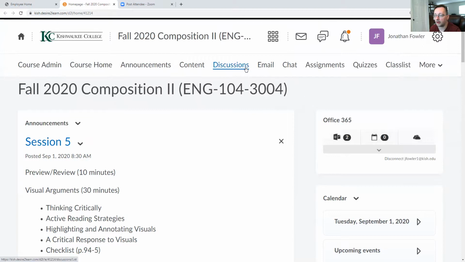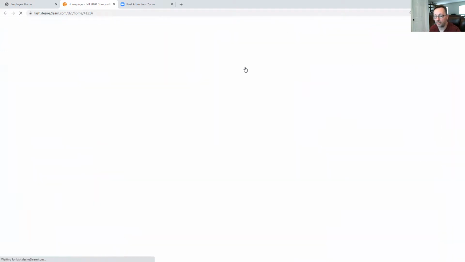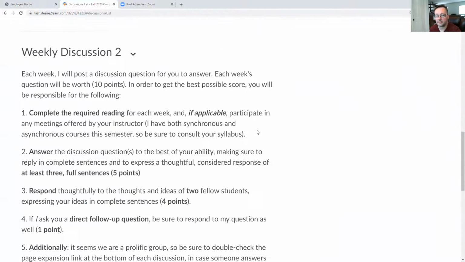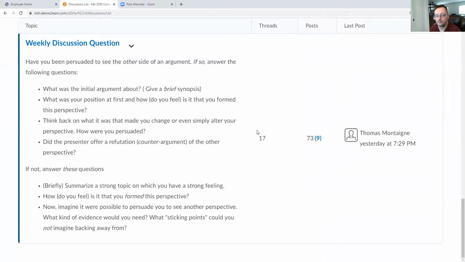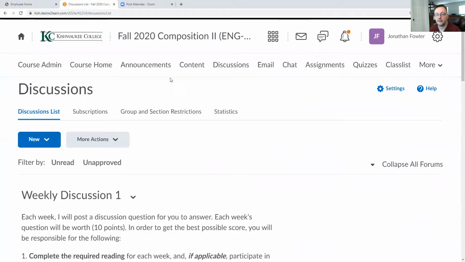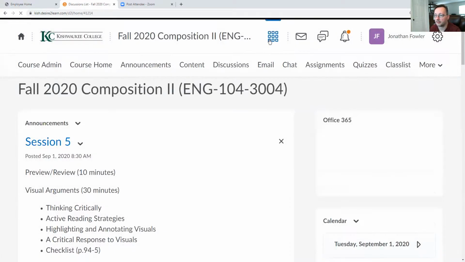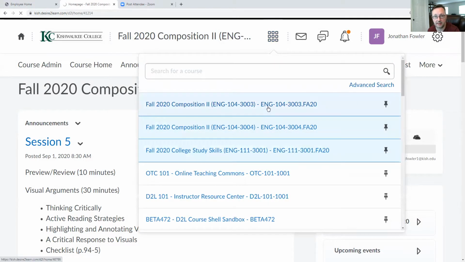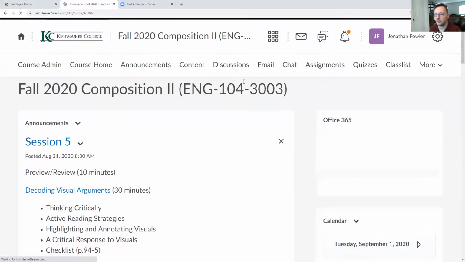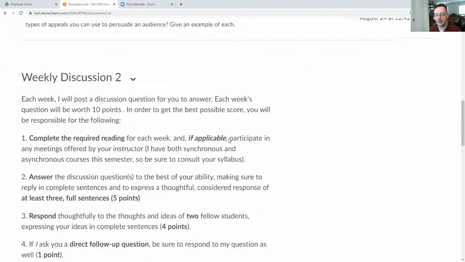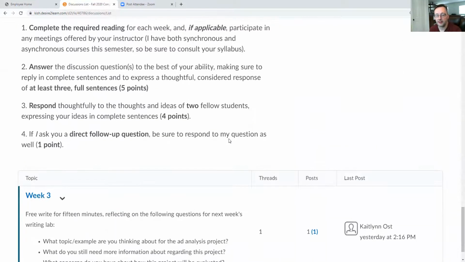So again, for our discussion thread this week, weekly discussion number 3 is up and posted. Oh, maybe it's not up and posted. That's okay. It will be up and posted, but weekly discussion thread number 3 looks like this. I'll just show you what it looks like. It will look the exact same as yours. And it's essentially just this.